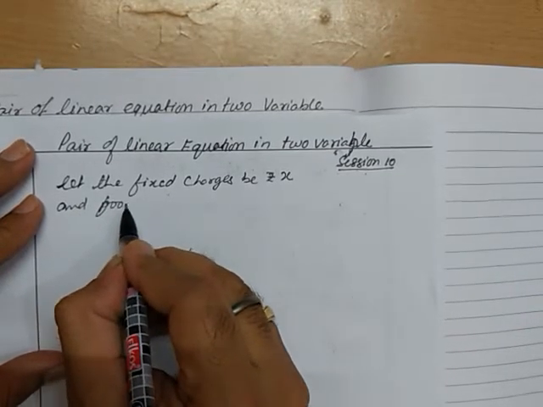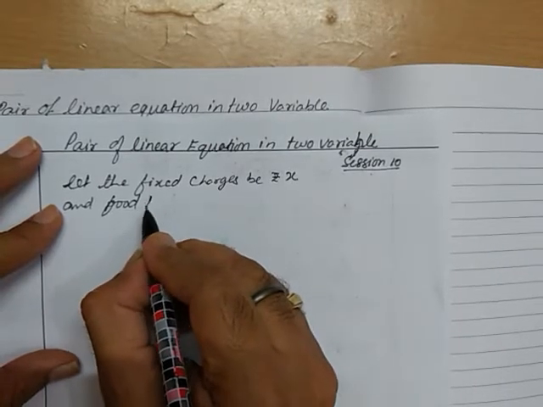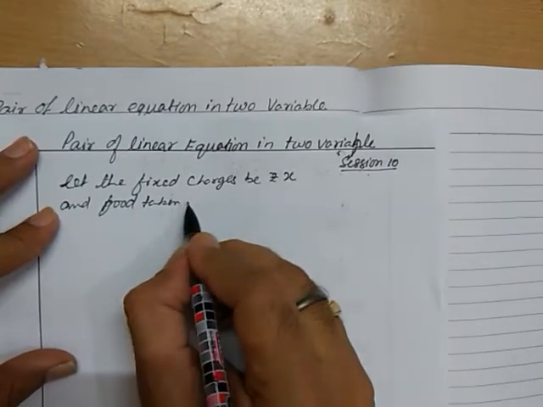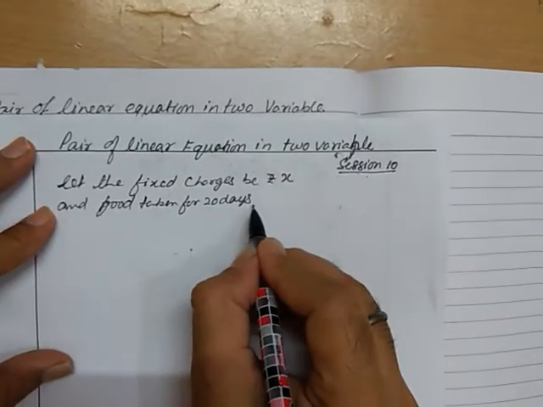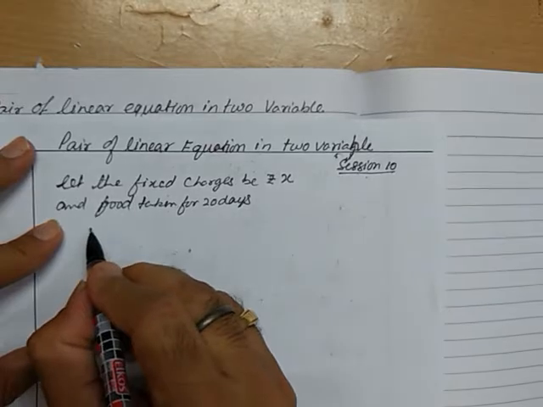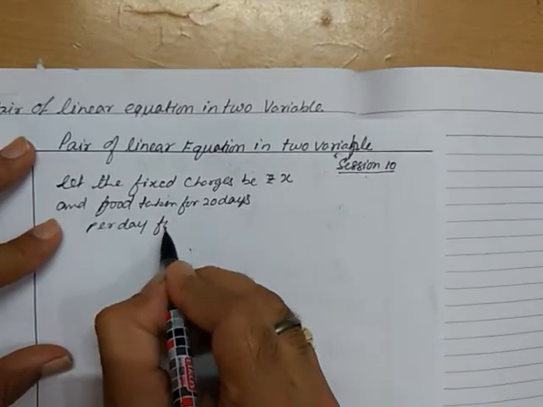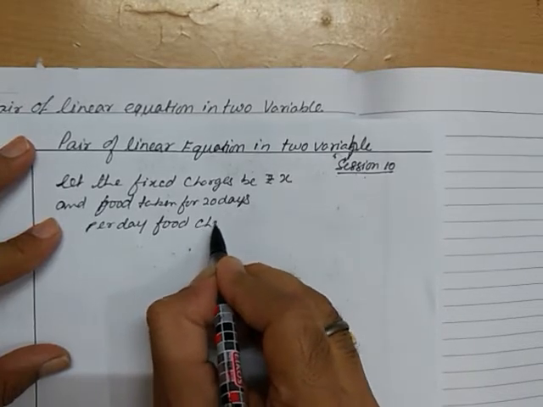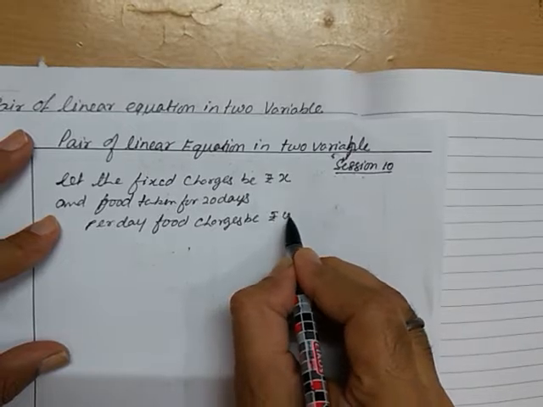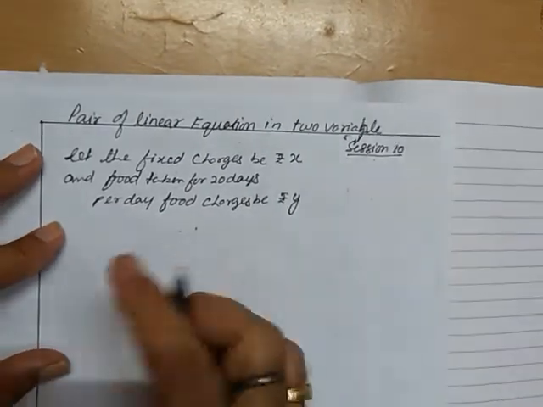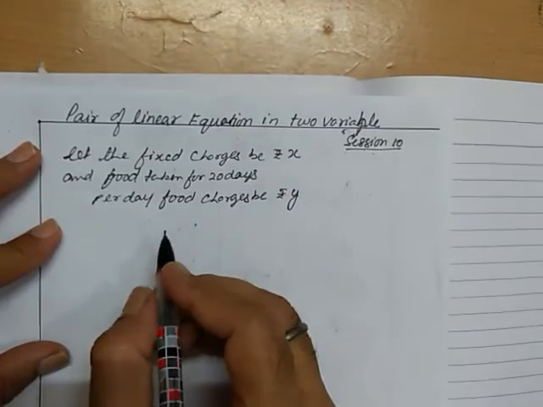Then the food taken for 20 days. So let the per day food charges be rupees Y. When she pays for 20 days, what kind of equation will it form?